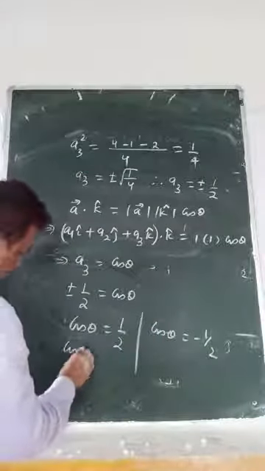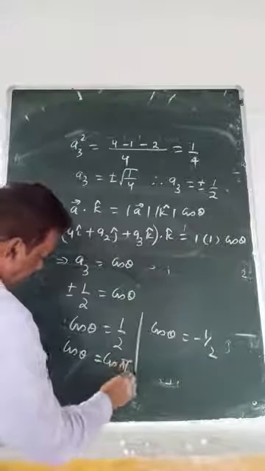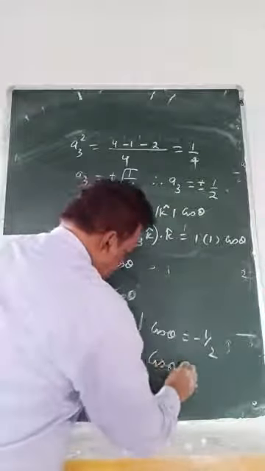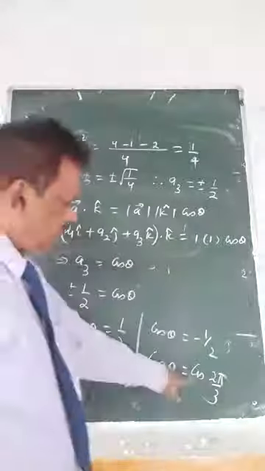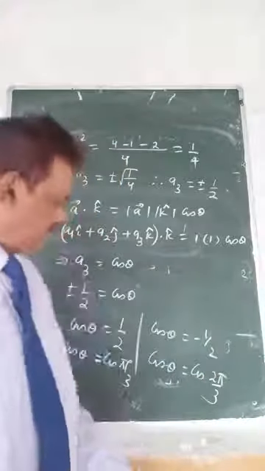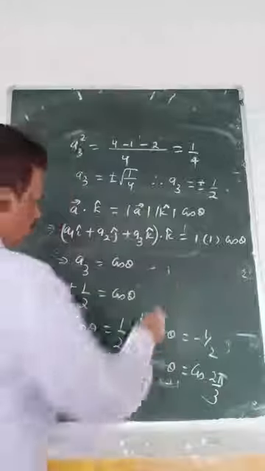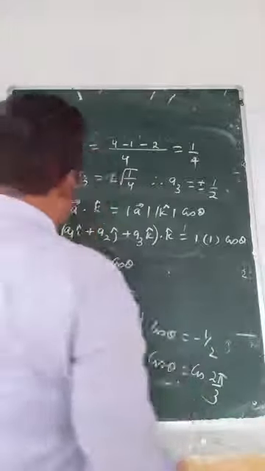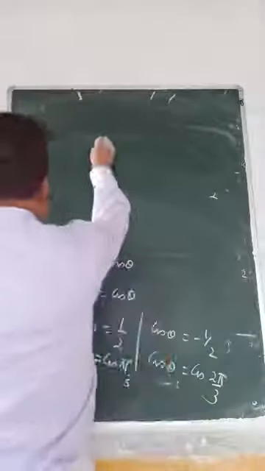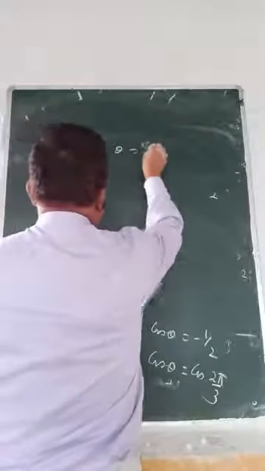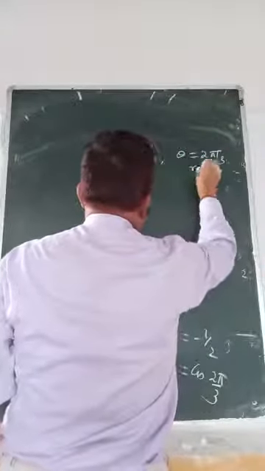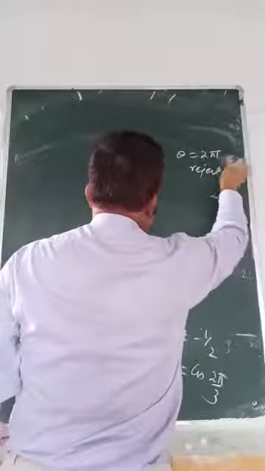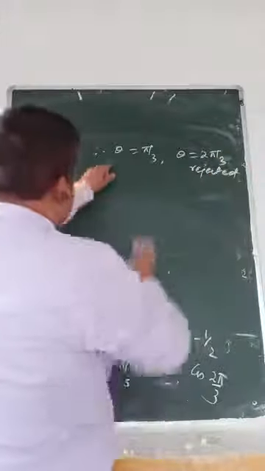The cos theta equals cos pi by 3, cos theta equals cos 120 degrees, 2 pi by 3. Cos 120 degrees is minus half. But you need acute angle. Therefore theta equals pi by 3, theta equals 2 pi by 3 rejected. Why rejected? Because you need acute angle.